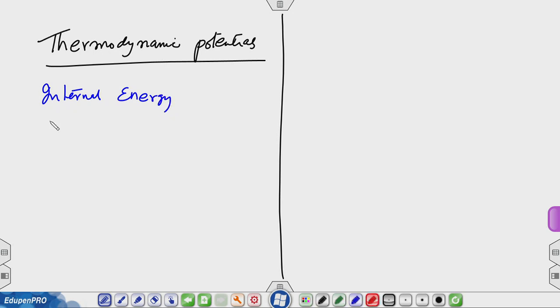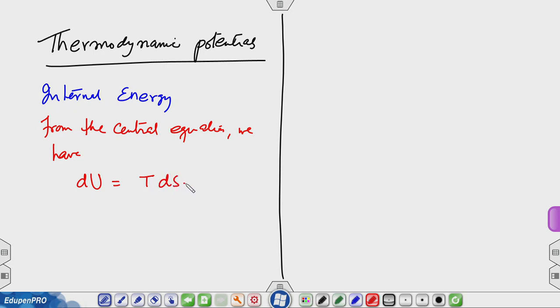So from the central equation, we have du equals T ds minus P dV. So the total differential of U is related to the differentials of S and V, and therefore I'm actually considering U as a function of S and V.